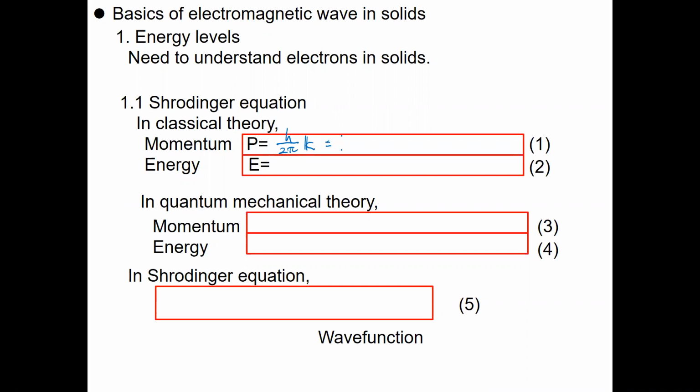So k is the wave vector, right? And similarly, energy of light is given by h nu, which is sometimes equal to h bar omega, where omega is angular frequency.